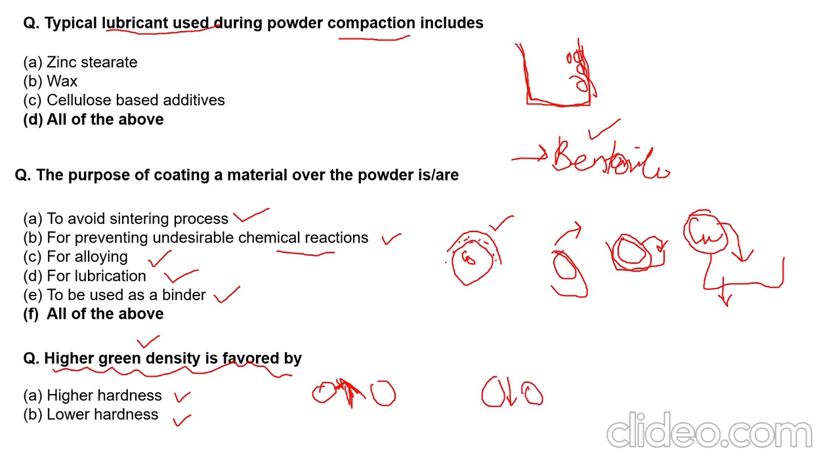But if the hardness between the particles is less, there will be less interparticle friction, interparticle reactions will be less, and as such the density of the material will be high. So a lower hardness of the material or the powder means a higher green density will be achieved.